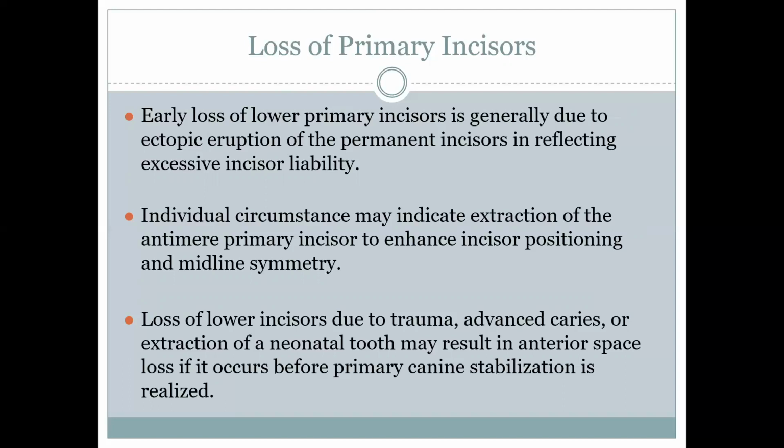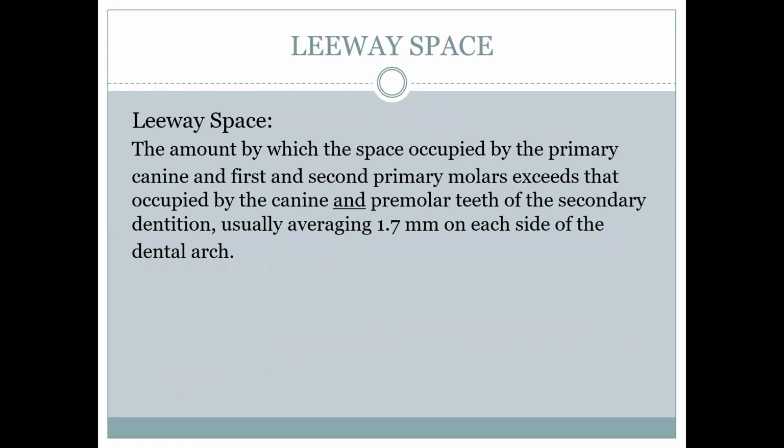Now, I've done quite a few of these in the past, where we do extract the primary incisor to allow the new permanent incisor to come forward and also to maintain the midline. The loss of incisors due to trauma, advanced caries, or extraction of neonatal teeth may result in anterior space loss, especially if it occurs before the primary canine stabilization is realized.